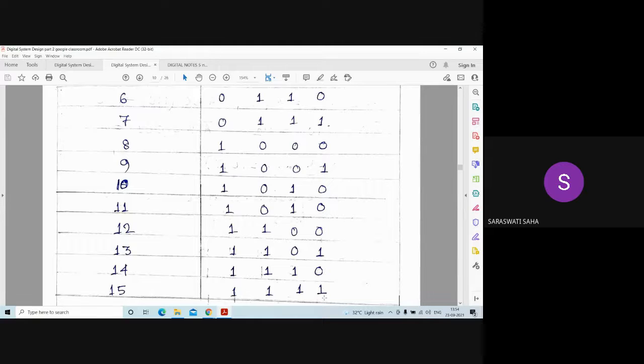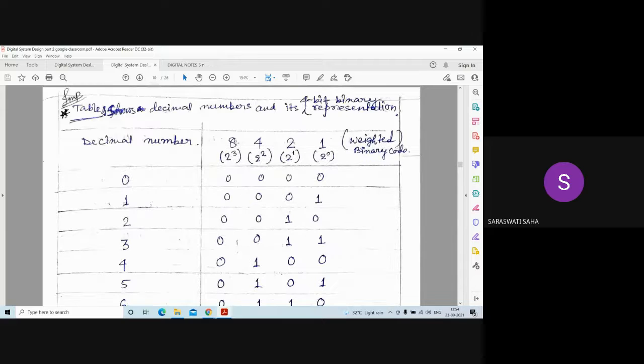So 15 is 1111. By the division method you can also convert it, but at a glance we just represent 15. How many bits are there in 15? It takes 4 bits in binary form, all ones. Now 14. 14 means 1110.